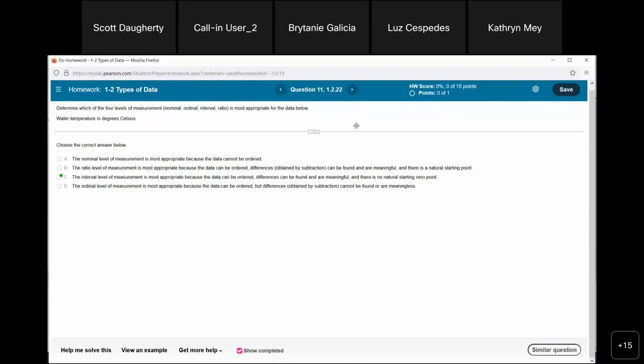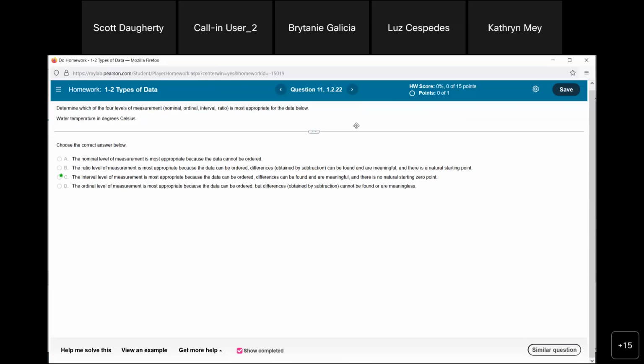You've got 50, 49, 48, 47, 46. Those are your different categories. They can be ordered. The order has meaning. 50 is hotter than 40. So you have the level of ordinal, but then you also have the level of interval, because 50 minus 40 is 10 degrees. And that number 10 is meaningful.